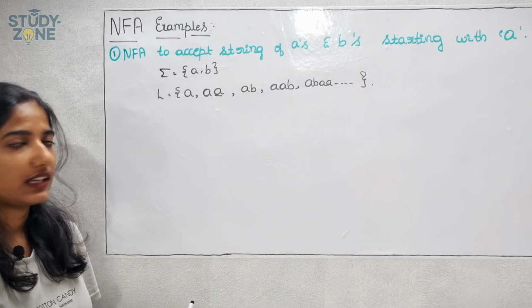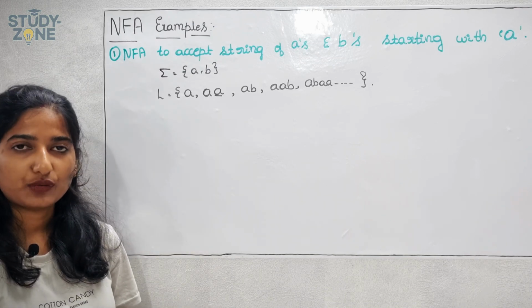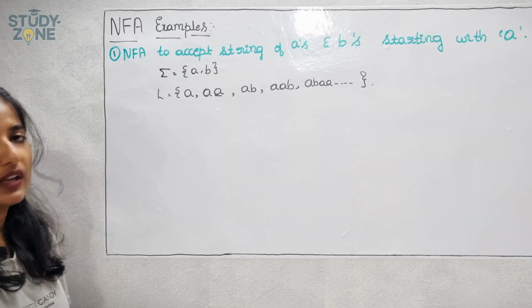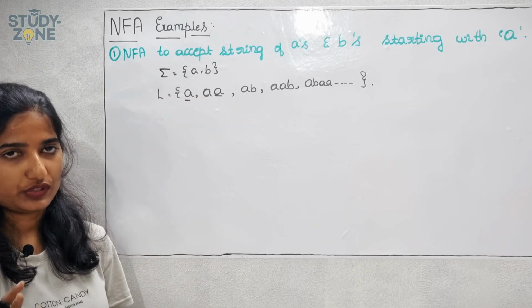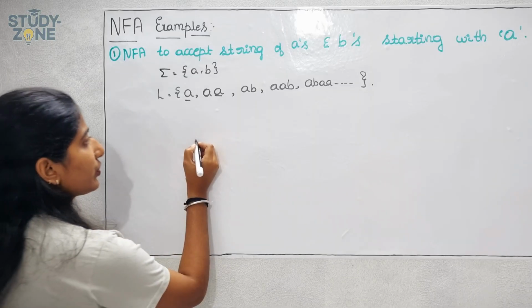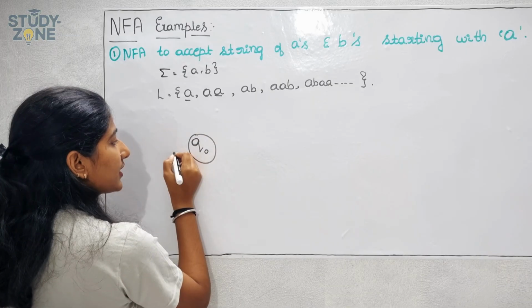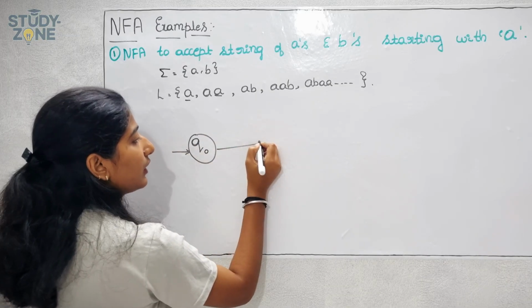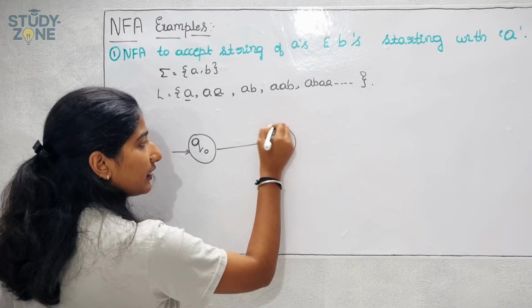The main thing is, if we have only one string, how many states we have to take? It's very clear for you now. If there is only one symbol at the starting, we have to take two states. The two states are Q0, which is the starting state, and Q1, which is the final state, right?